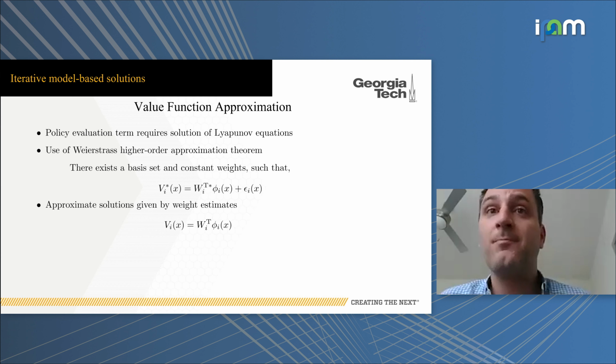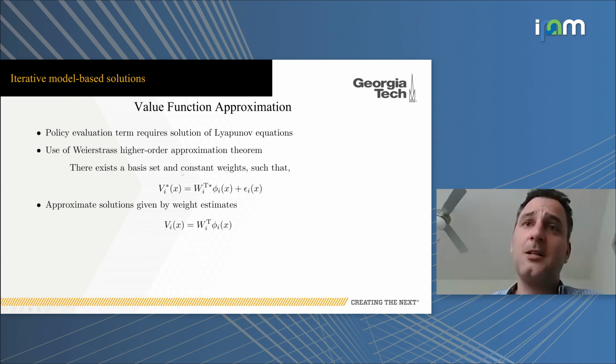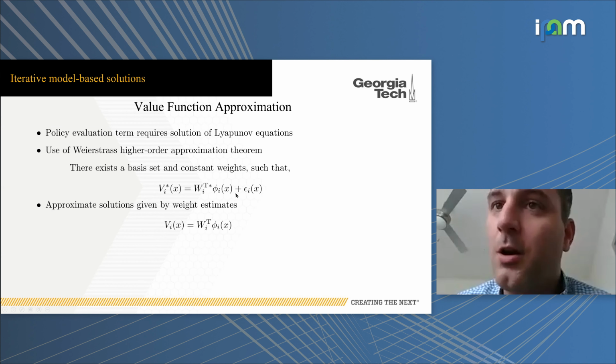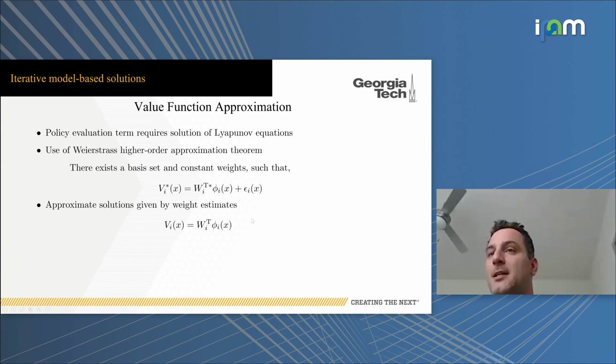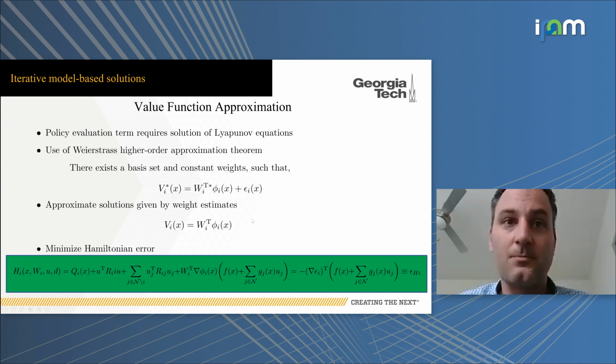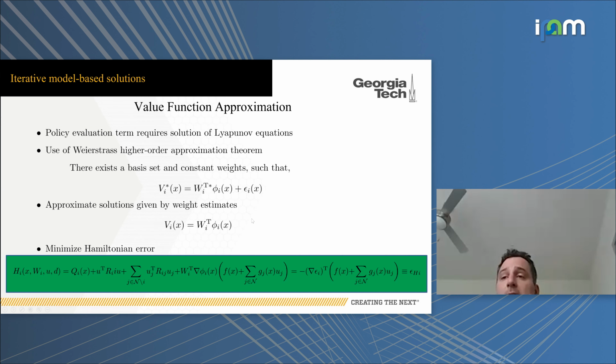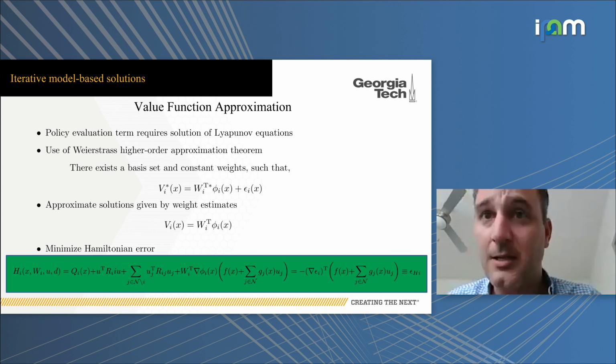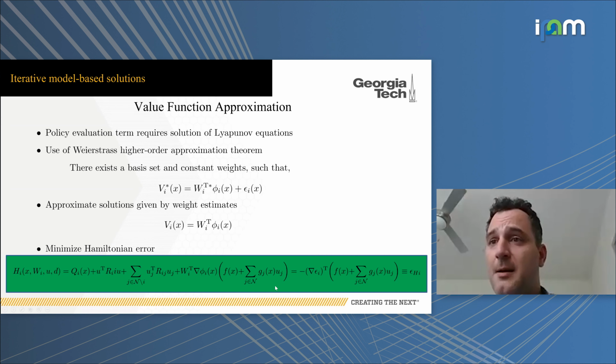Since we don't have the optimal weights, we will assume that we have current weights. From now on, we will call this approximator the critic. If I substitute these back into my Hamiltonian, you will see that they become algebraic equations, linear with respect to the weights.